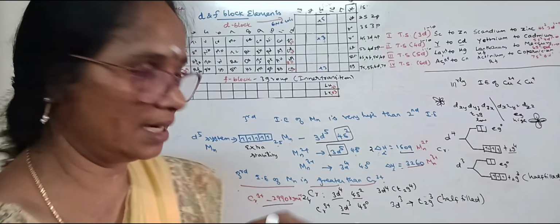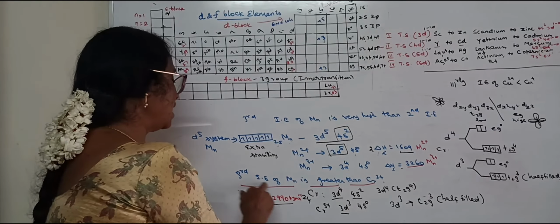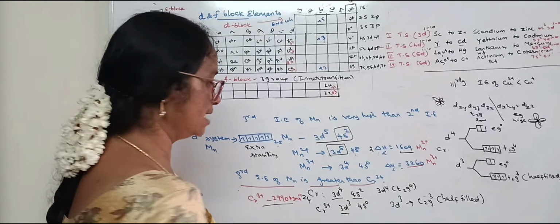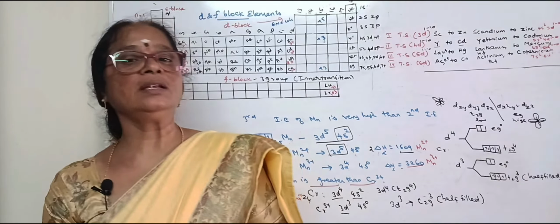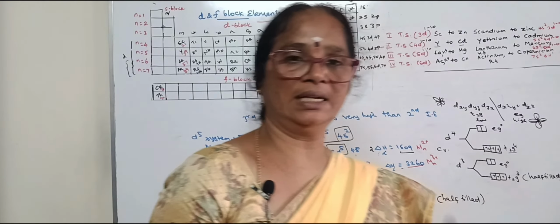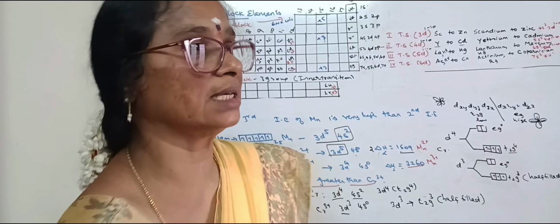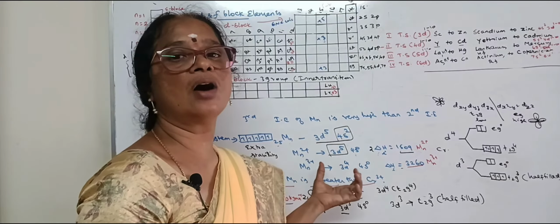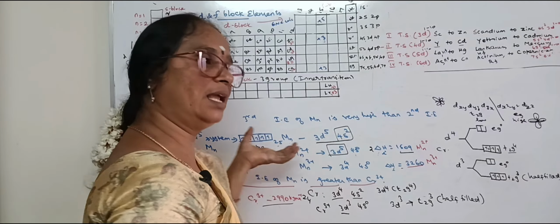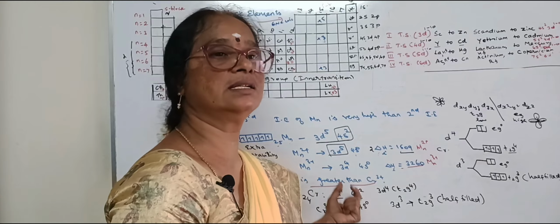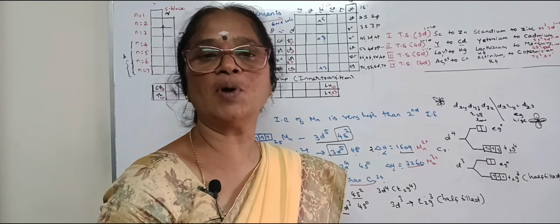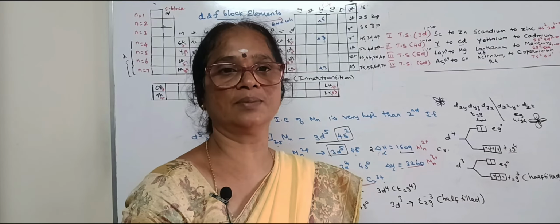Hence the third ionization enthalpy of manganese is greater than that of chromium 3 plus. When they ask such a reasoning question, you have to consider the stability of the d orbital, whether it is half filled or completely filled. This is how the answers have to be presented for reasoning questions.